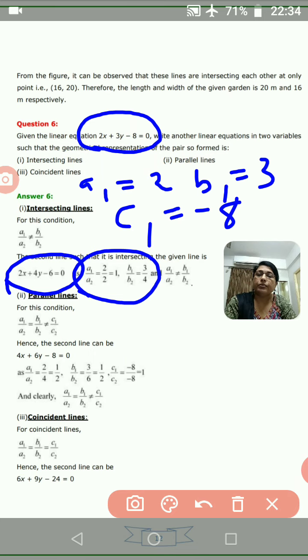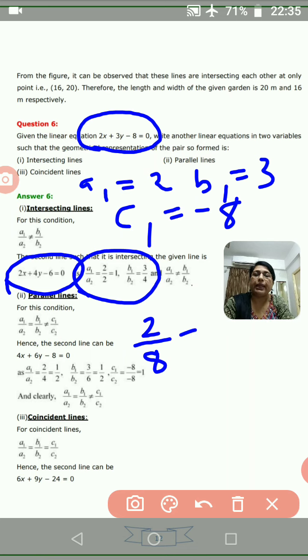Now in the second condition we need parallel lines, and for parallel lines we know the condition a1 upon a2 is equal to b1 upon b2 but not equal to c1 upon c2. So a1 is 2. If I take 2 divided by, here I have written 4, but I am taking another number, suppose 8.